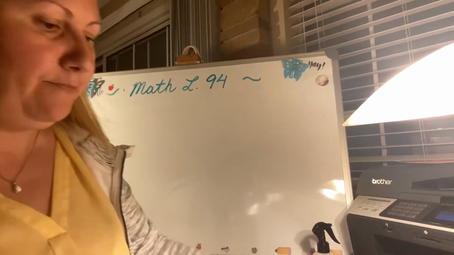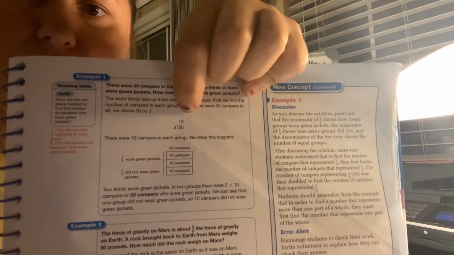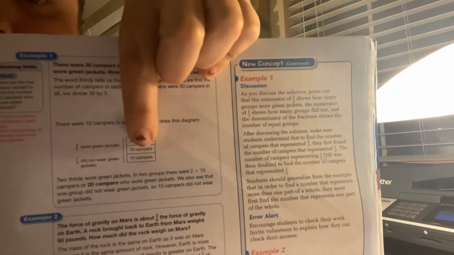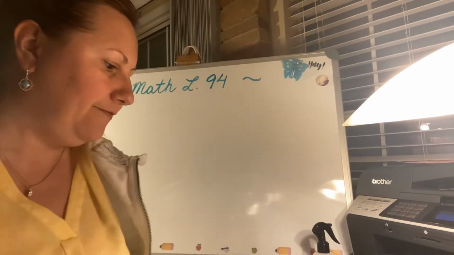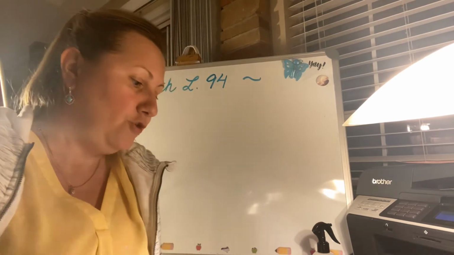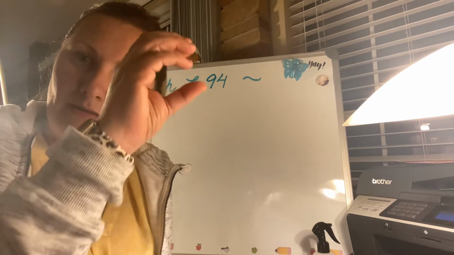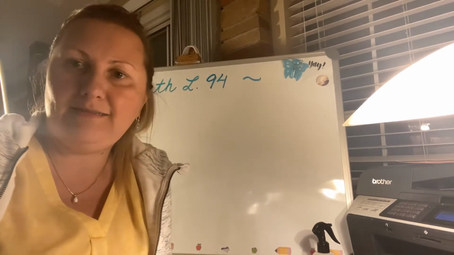As you see in example number 1, when you take a bigger number, like 30 campers, it's broken up into thirds, 10 campers and another 10 campers. If 2/3 of them wore green jackets, that's 10 plus 10, so you would multiply 10 times 2.